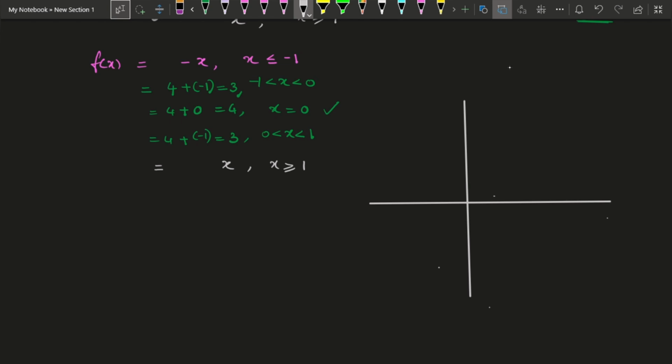For x less than or equal to minus 1, it is defined as minus x.